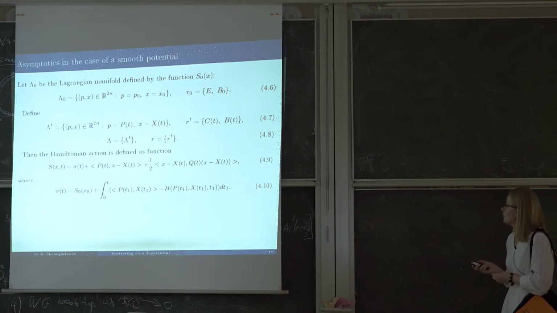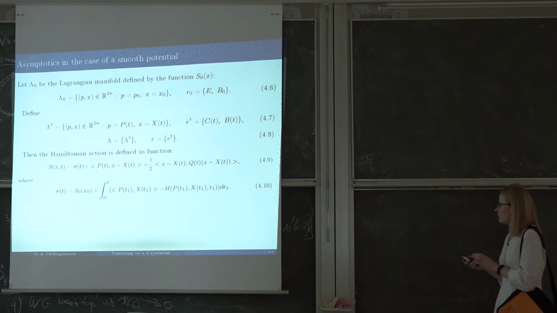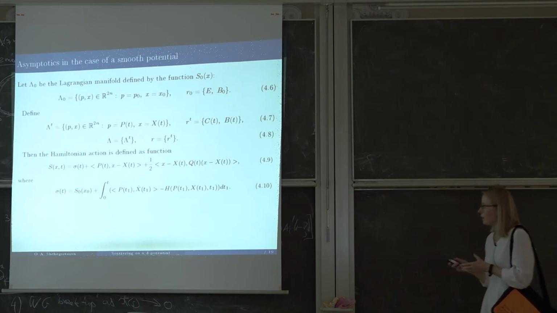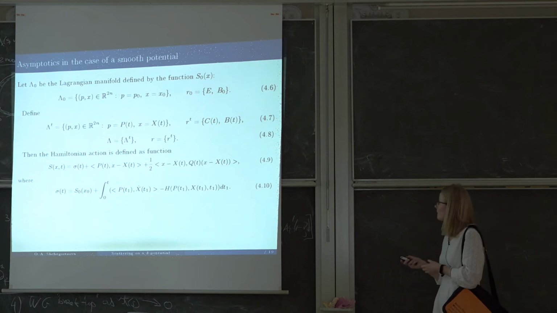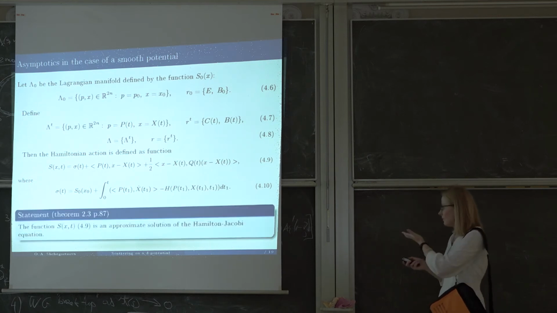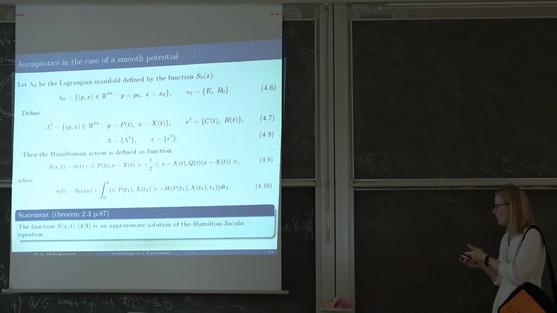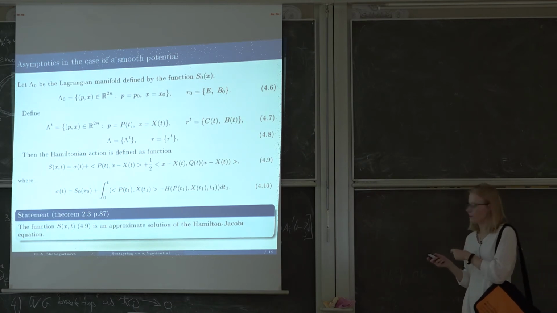And of course, this action on the Lagrangian manifold with complex germ will be a solution to the Hamilton-Jacobi equation in the case of complex phase. So, as I say, this is an approximate solution of the Hamilton-Jacobi equation.